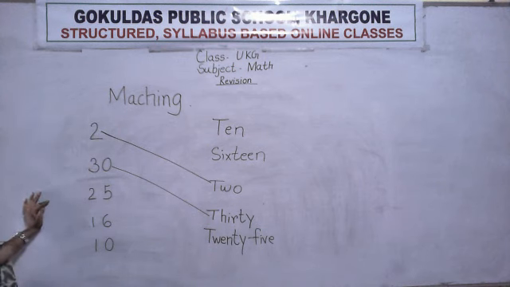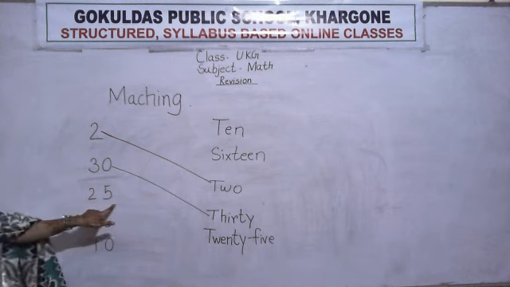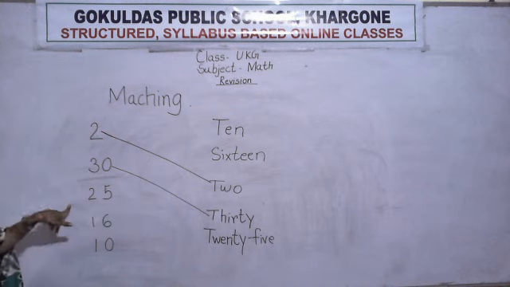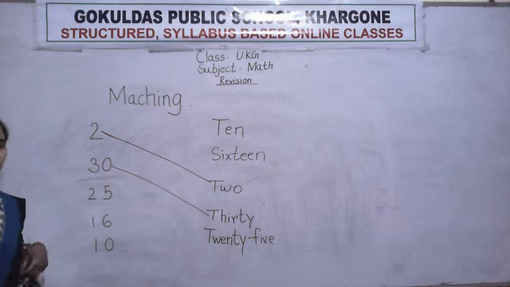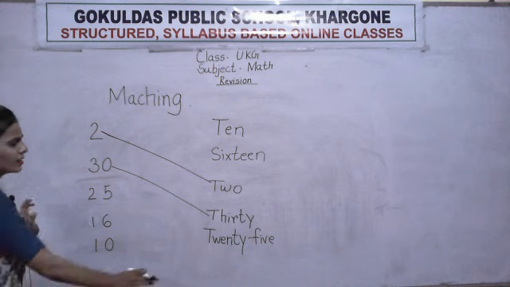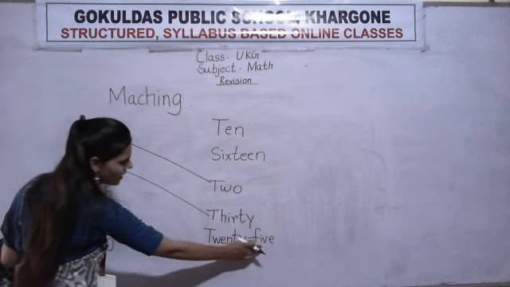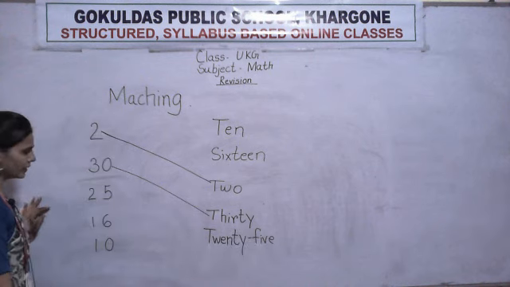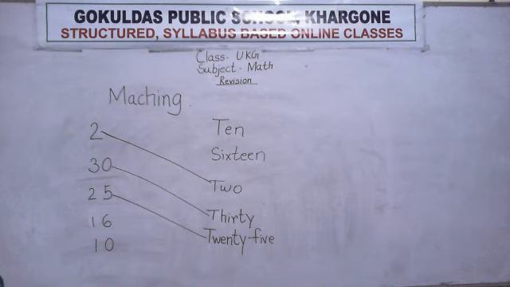Okay. Now next is 25. So what is the spelling of 25? Check your notebook. You wrote 25 now. So the spelling of 25 is TWENTYFIVE. So you match it. Okay.